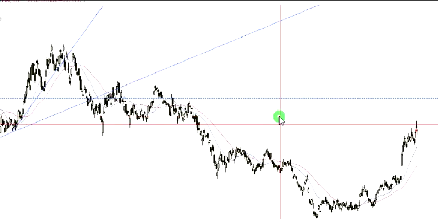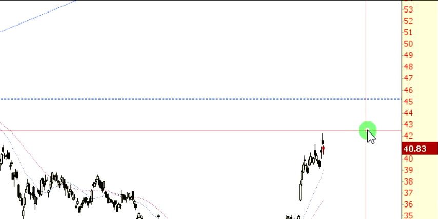The TBT is just an exchange traded fund that tracks the yield. Just like Apple is AAPL, this is TBT. It trades just like a stock. You buy 100 shares of TBT, it costs you $4,000.